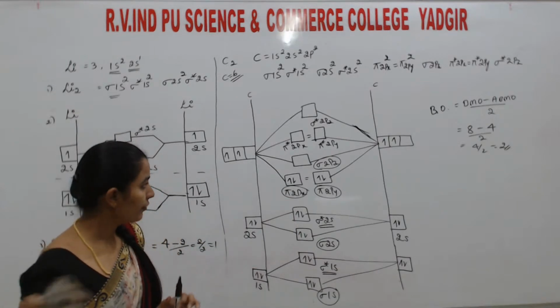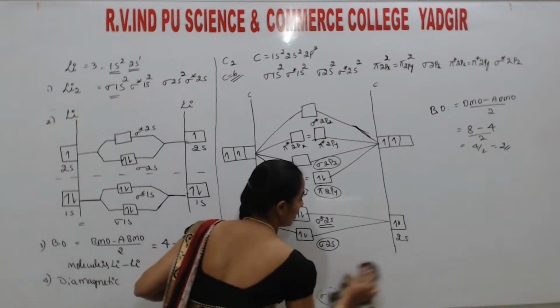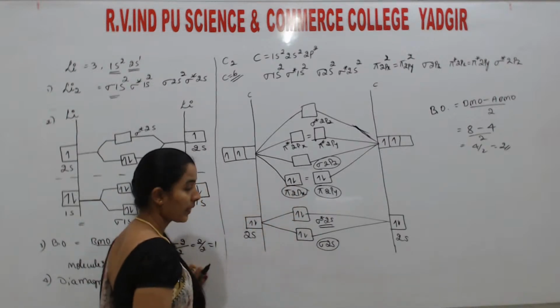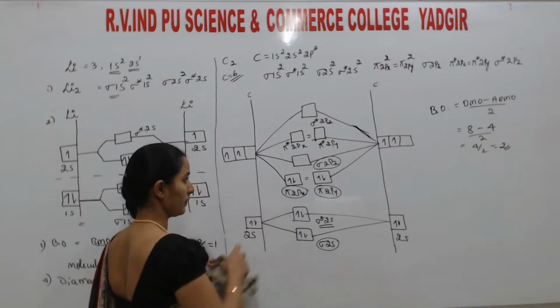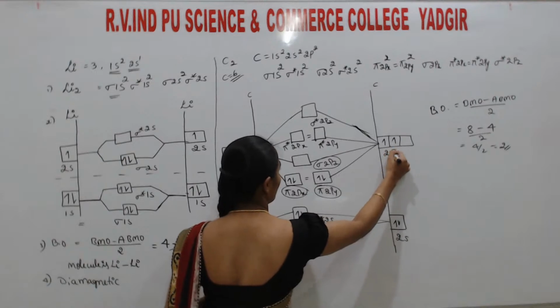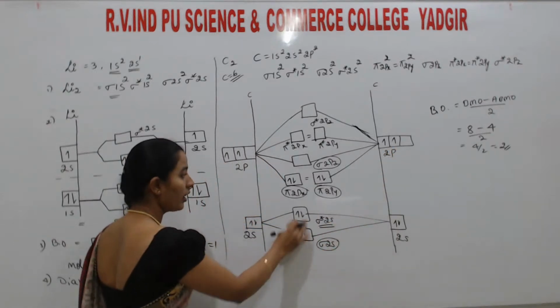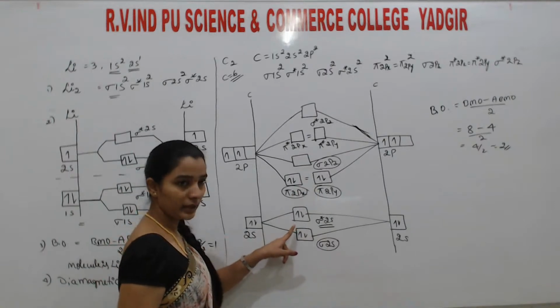Listen here. If you consider this, it is the complete shell; I just remove this. This is also a complete configuration, of course 2s, 2p. You may consider this or allow this. It's complete agreement.